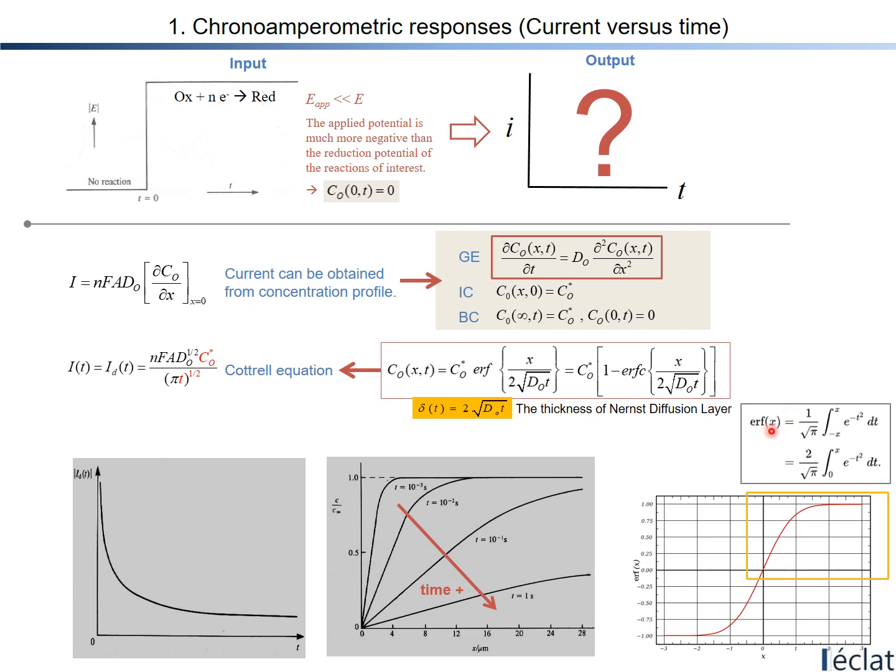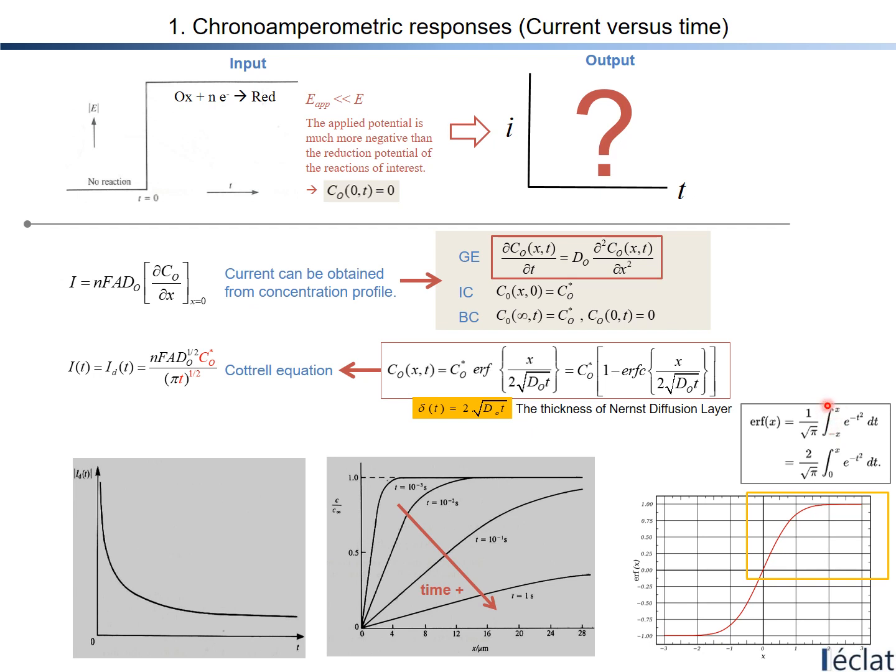Error function of x is equal to 1 over the square root of pi times the integral of the exponential function of minus t squared with respect to t from minus x to x.